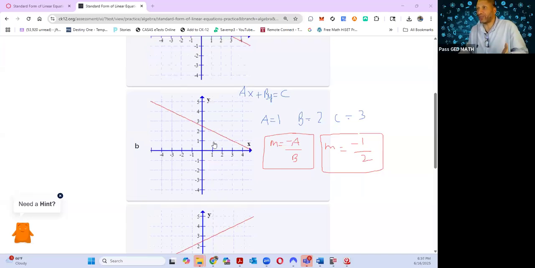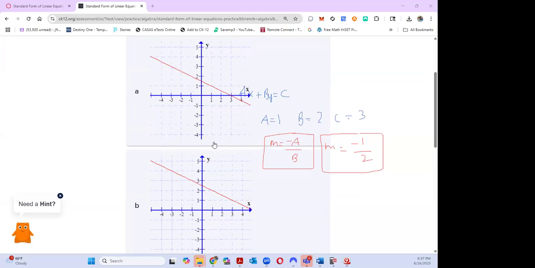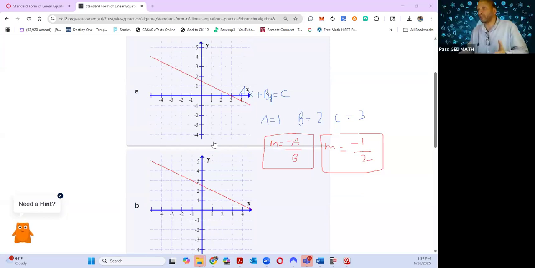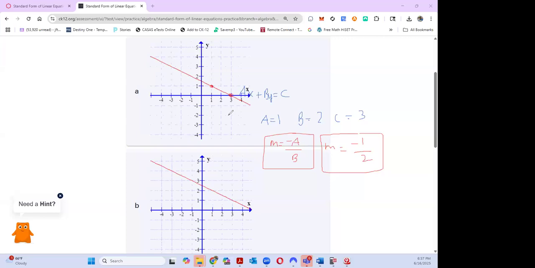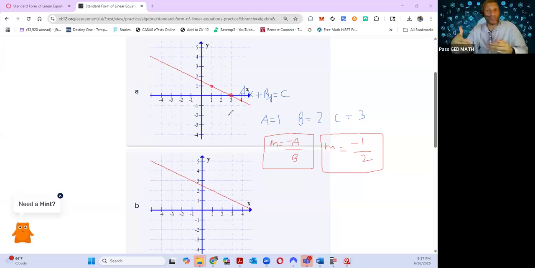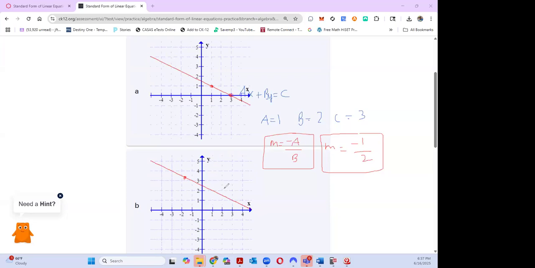Well, it's hard to tell, right? So now what we have to do is find points on this graph that correspond to whole numbers. If I pick this point here, this is a point on this line, but I can't tell what Y is.